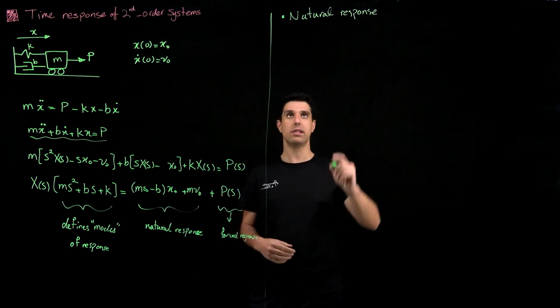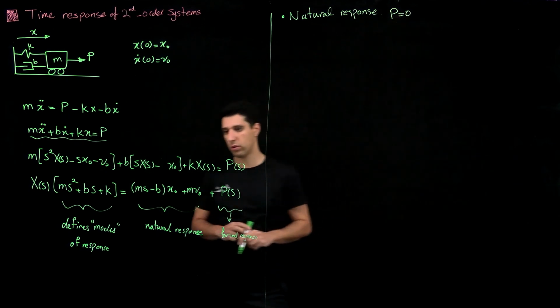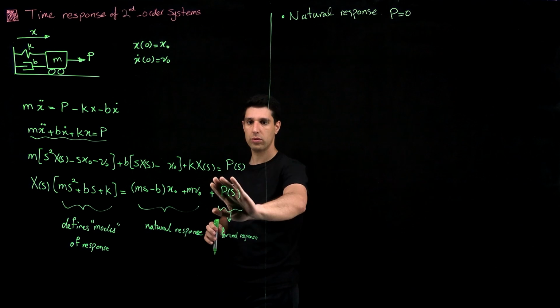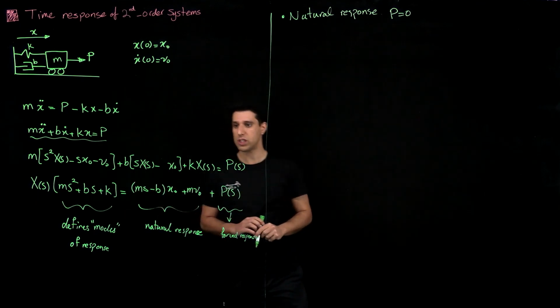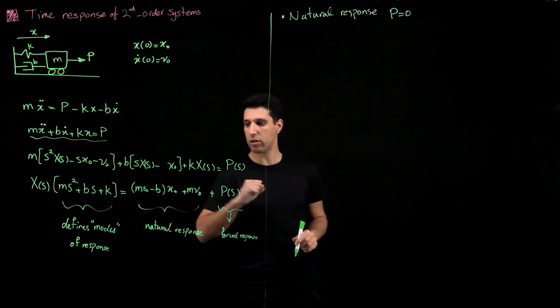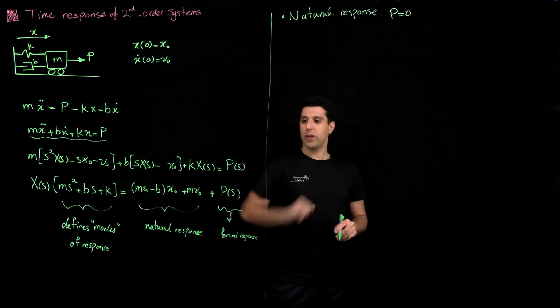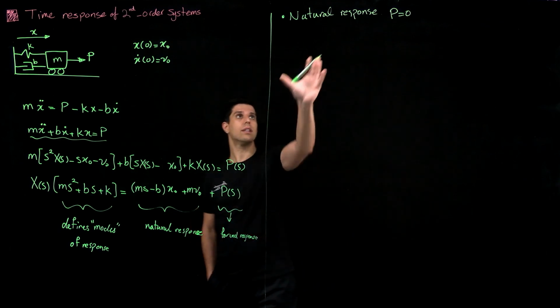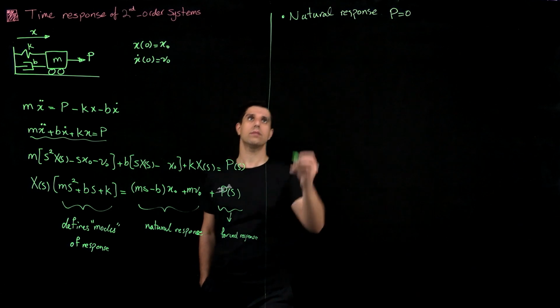So this means that my forcing term P is 0, and I don't worry about this. Only look at the response due to initial conditions. And I'm going to further break this analysis down into multiple cases.